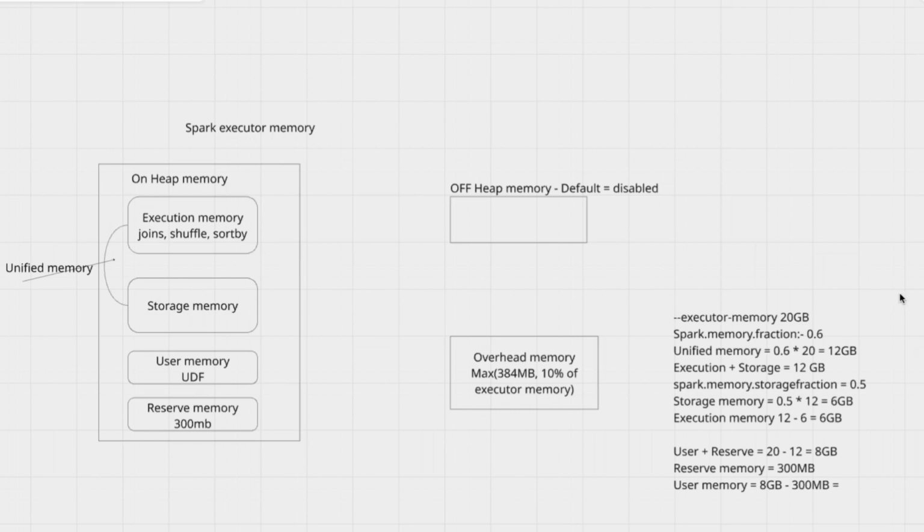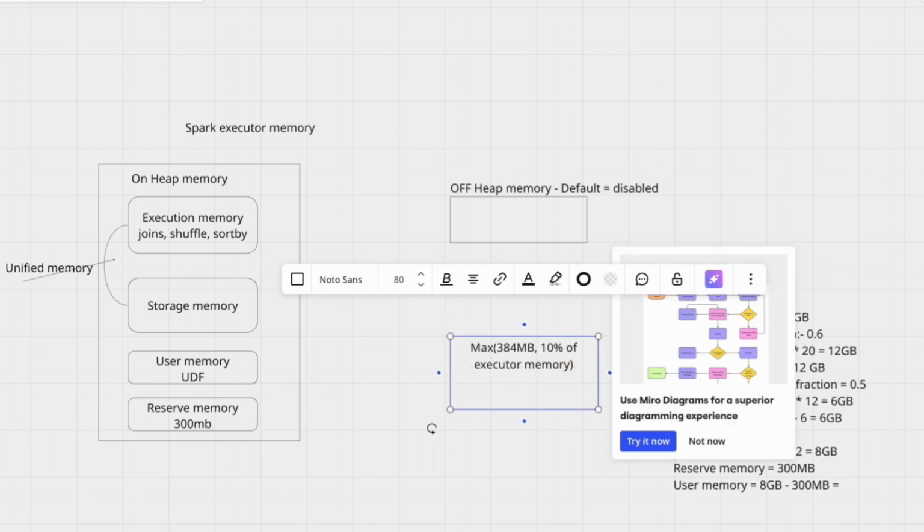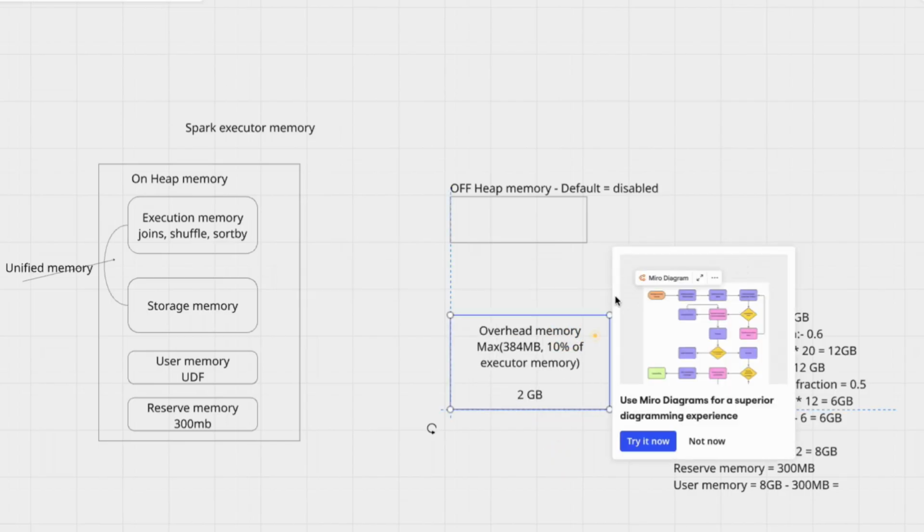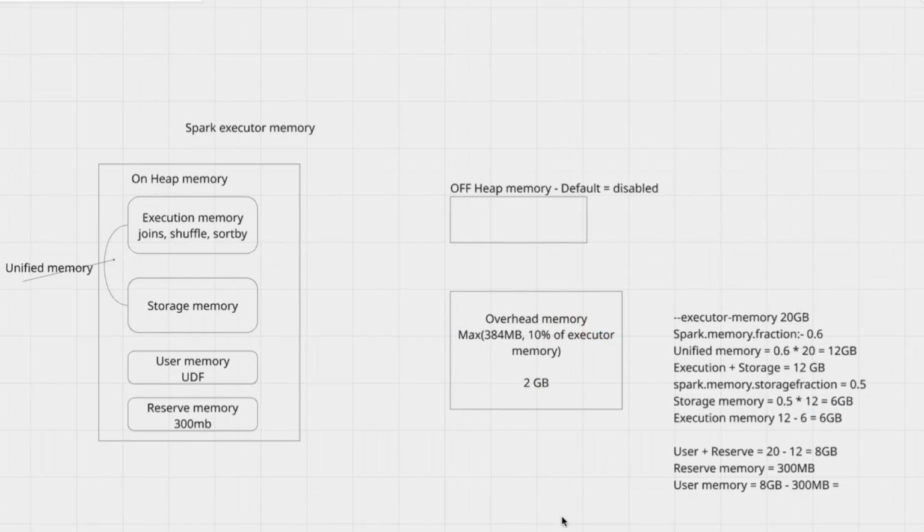So when you tell YARN that you need 20 GB, in practice you will be assigned more than 20 GB: 20 GB for the JVM, and the rest as per the overhead memory calculation. In our case, overhead memory is around 2 GB, so the total memory assigned from YARN will be 20 plus 2, which is 22 GB.